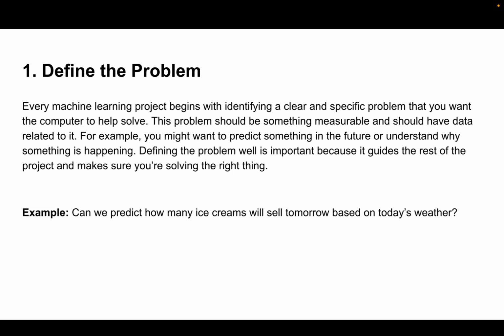So defining the problem well is very important because it guides the rest of the project and makes sure you're solving the right thing. Example: can we predict how many ice creams we will sell by tomorrow based on today's weather? So this example is going to continue with every slide.